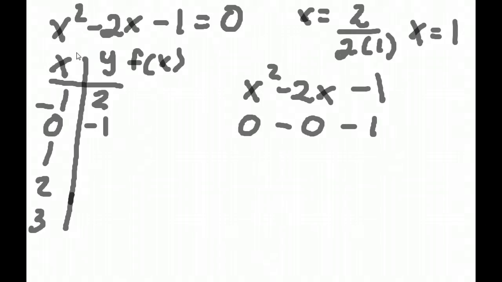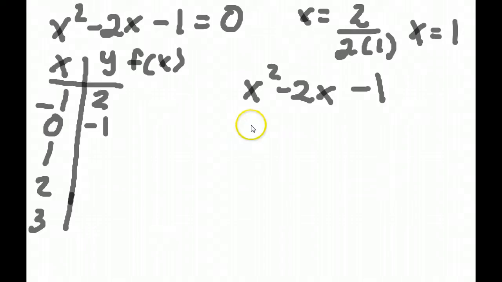Your c term is negative 1. I think the Braille's wrong. Isn't it 0, negative 1? My Braille says it was a 0, not a 1. It should be equals 0, but before the equal sign you should have a negative 1. Oh, I missed that one.